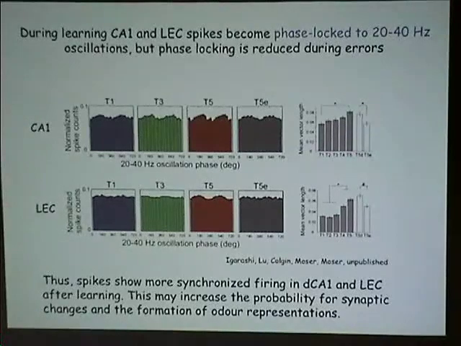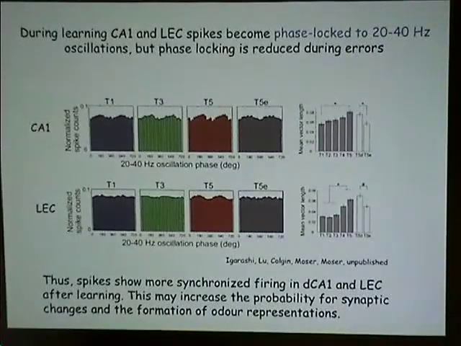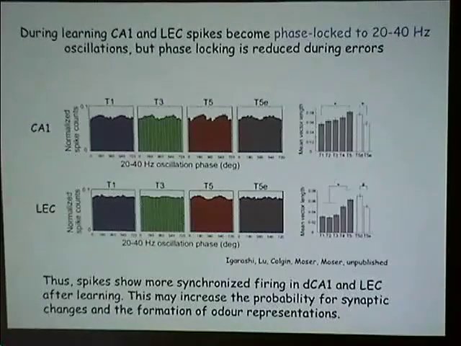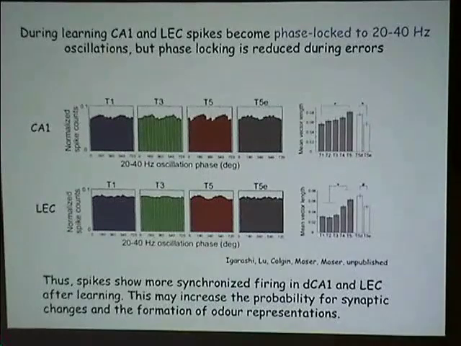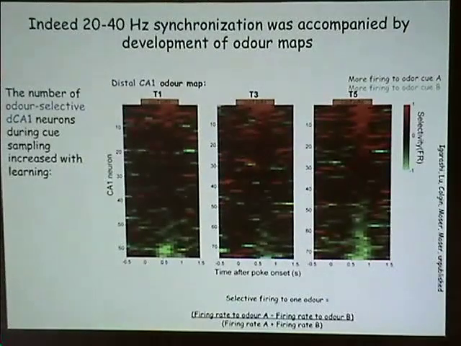That raises the question: if the cells get more coherent between those brain areas, a possible implication could be that this influences the development of representations in the distal CA1 or in LEC.